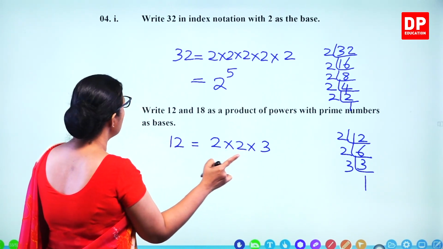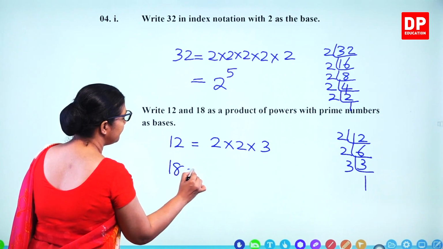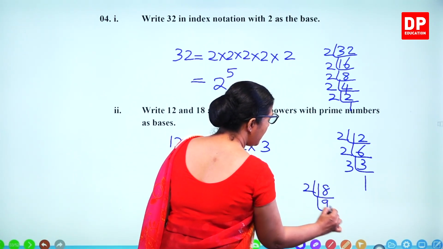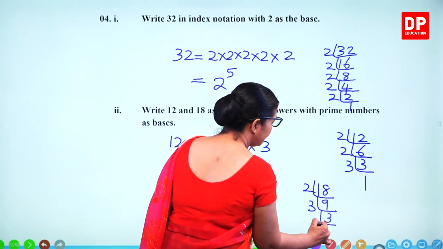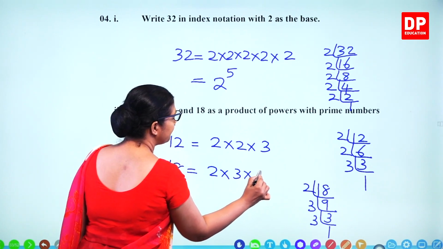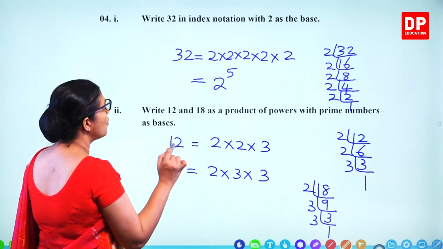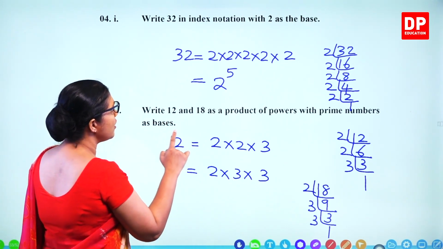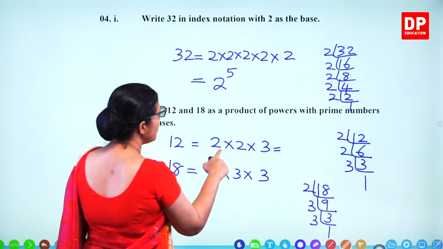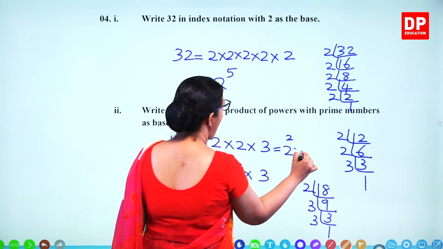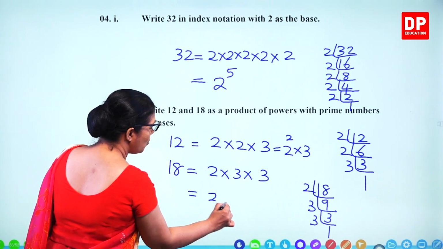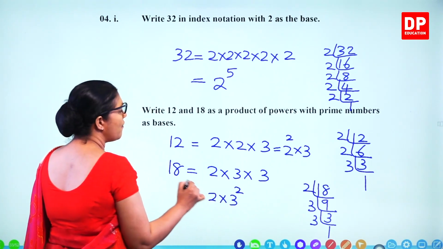What about 18? 2 times 9, 3 and 3. 2 times 3 and 3. So how can you write these as powers? 12, you can write 2 to the power 2 and 3. 18, you can write 2 times 3 to the power 2.